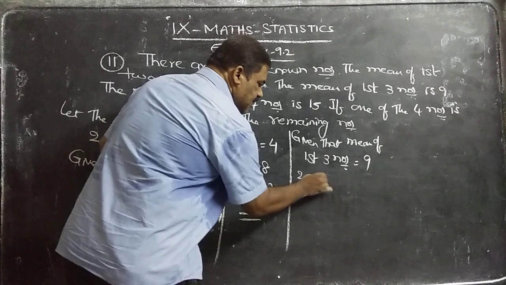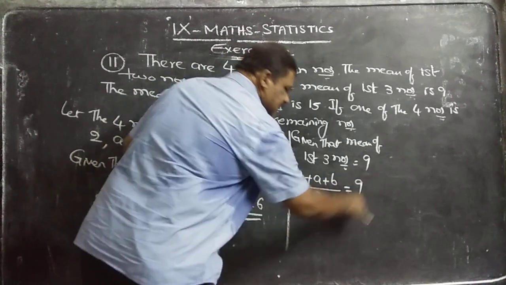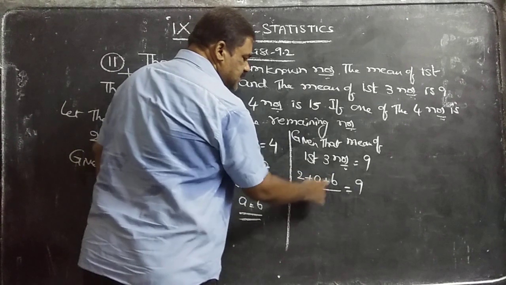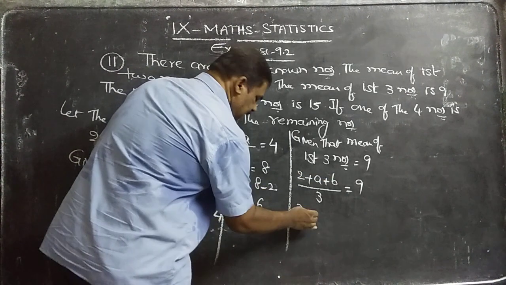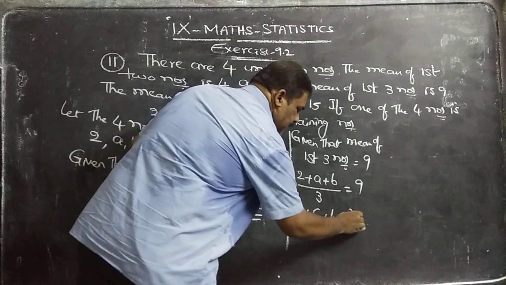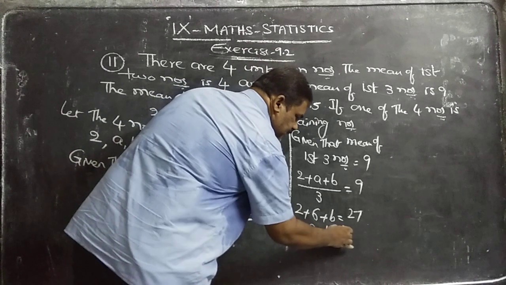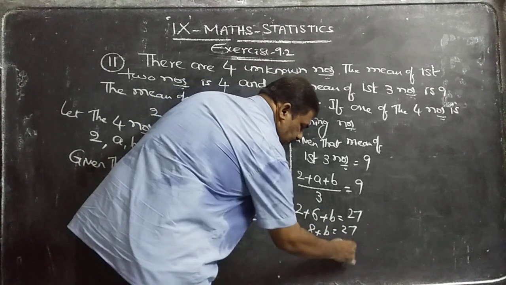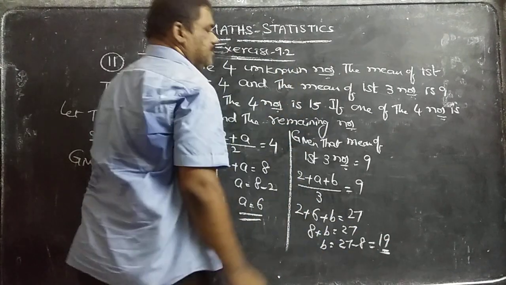Sum of all observations by total number of observations. Sum of all the three numbers by total 3 is equal to 9. 2 plus A, we got 6, plus B is equal to 3 into 9, 27. This is 8 plus B is 27. So B value is 27 minus 8. B value is 19.